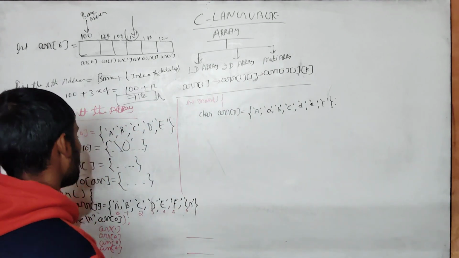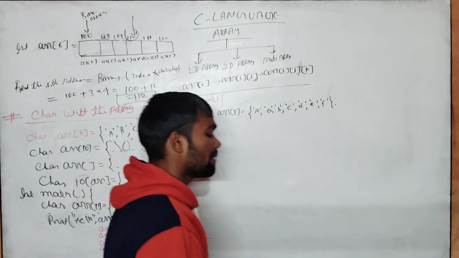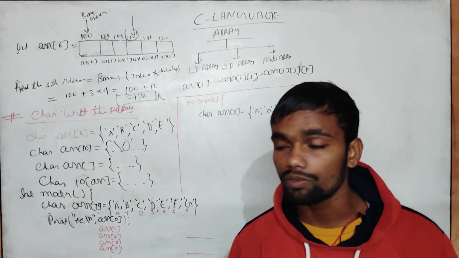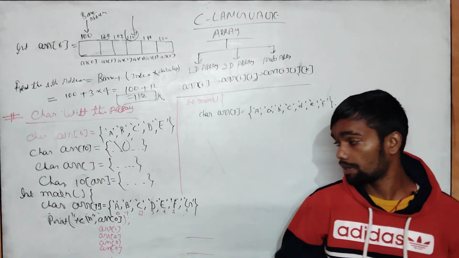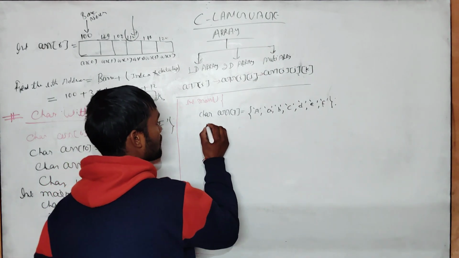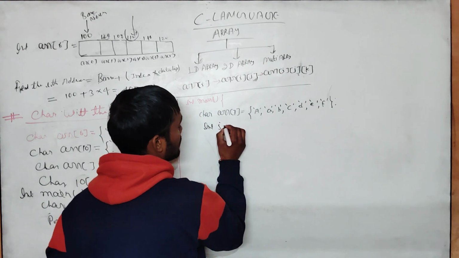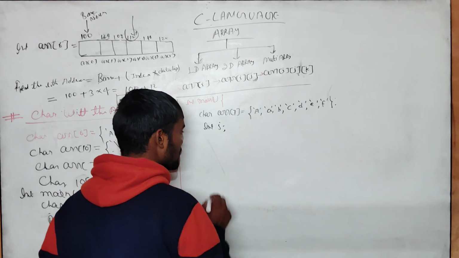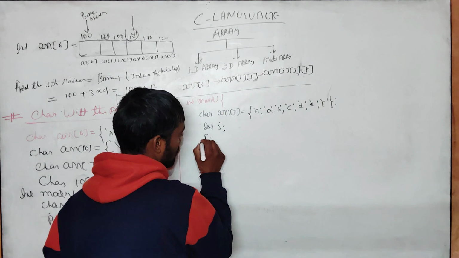Here we initialize the values. I want to print every element only one time, using one print statement. I am not writing it repeatedly, but I am using a loop. How to print? I'm writing here for, and initialize with int i. Okay, i is the integer.